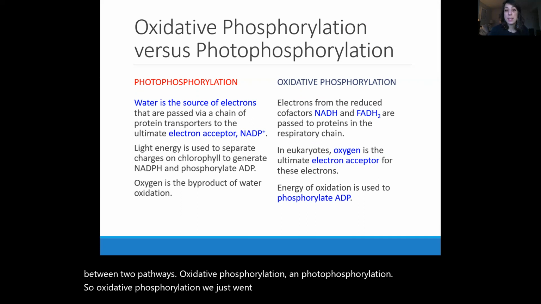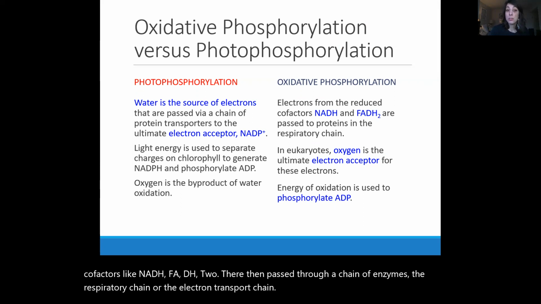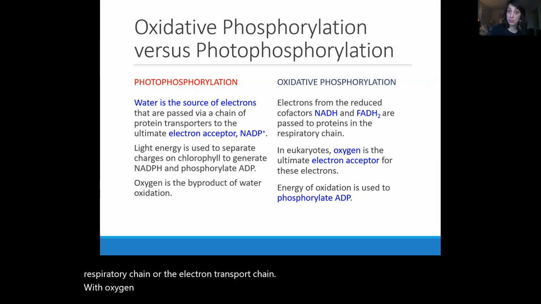This is the means to get electrons from cofactors like NADH, FADH2. They're then passed through a chain of enzymes, the respiratory chain or the electron transport chain, with oxygen as an electron acceptor at the end. This is why we as animals need to breathe in oxygen.